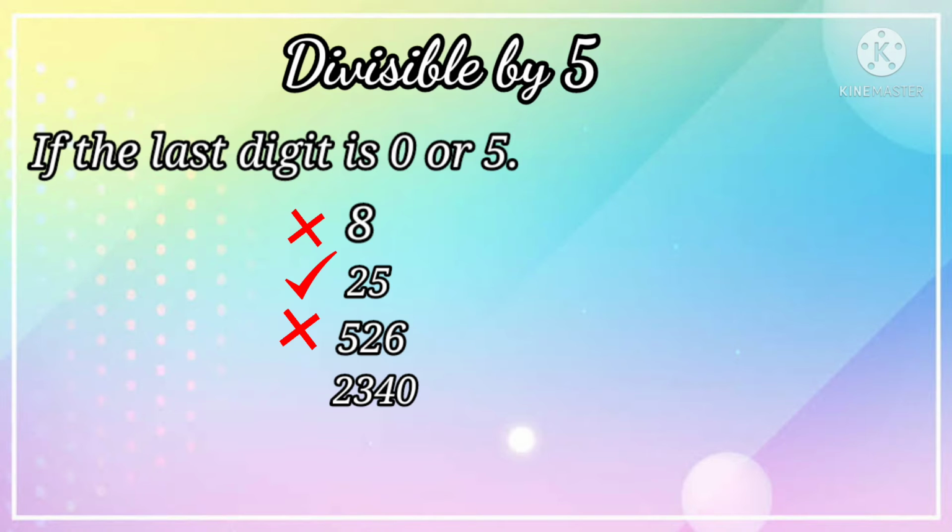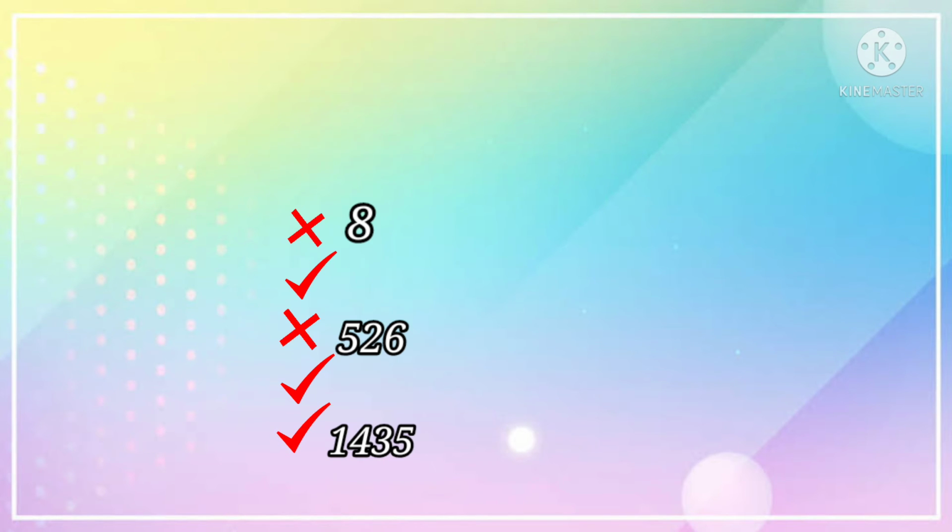So ang ating ending number ay 0. So therefore, 2340 is divisible by 5. And for our last example, 1435. Since our ending number is 5, therefore this is also divisible by 5.